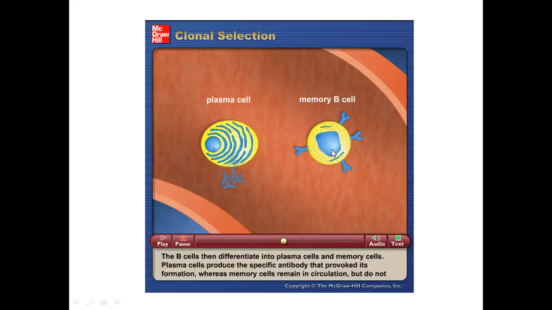So when we talk about this process, how long do you guys think this takes? Seconds. Yeah, right? But it could take up to 14 days, the very first time you're exposed, and finding that one B cell that matches up. And are you going to find just one B cell probably? No, because remember, antigens are quite complex.